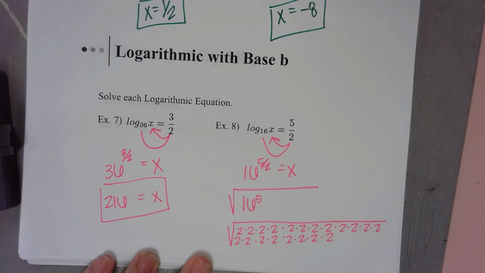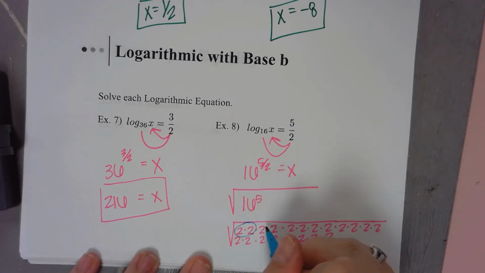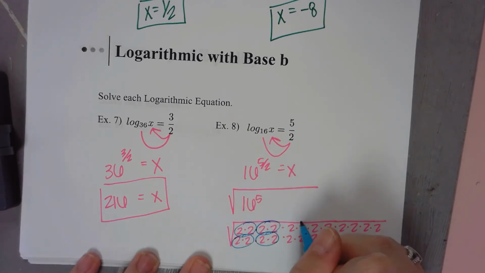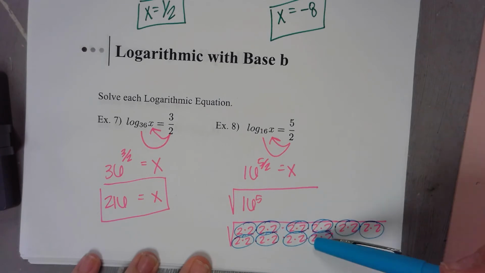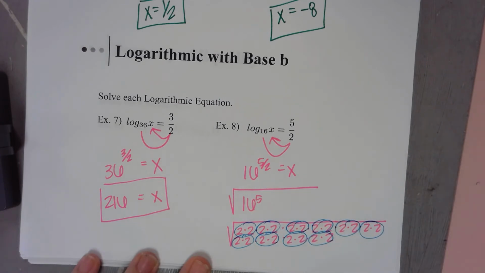Okay, so since it's a square root, we would be circling groups of 2 of each. All of them come out. That's 1, 2, 3, 4, 5, 6, 7, 8, 9, 10. 10 of them.